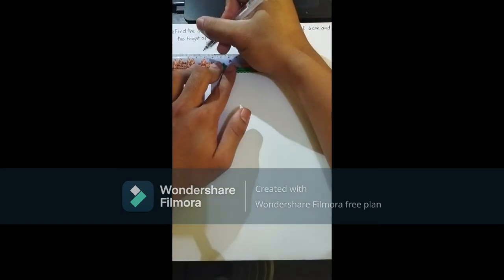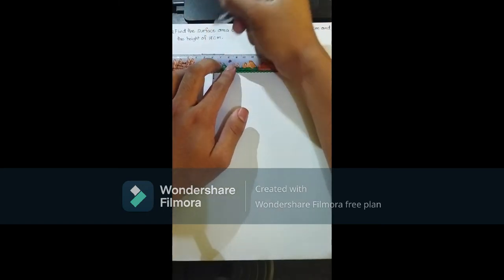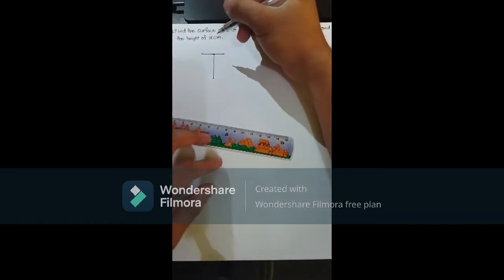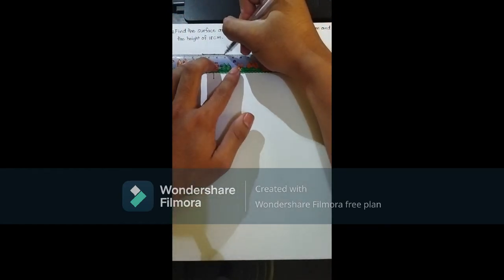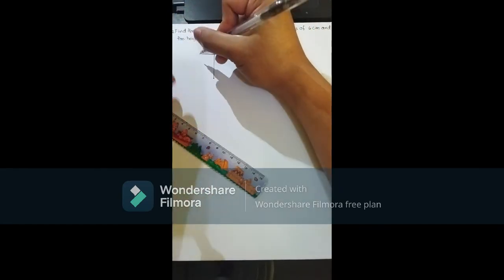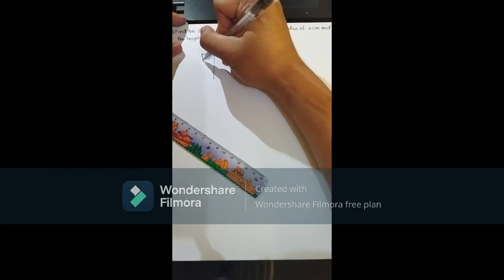And so we're going to double it. So there you go. Now balance and connect.